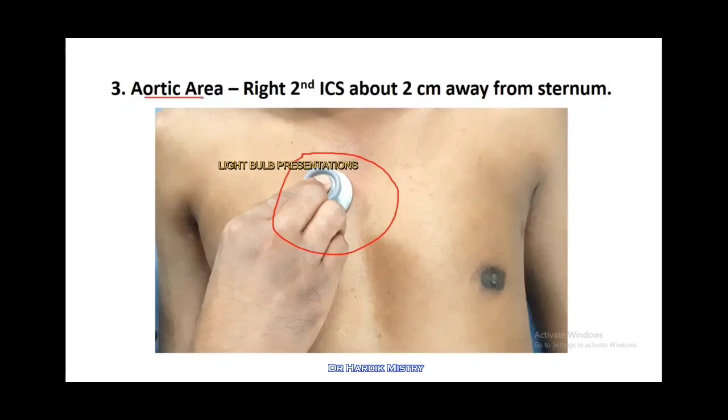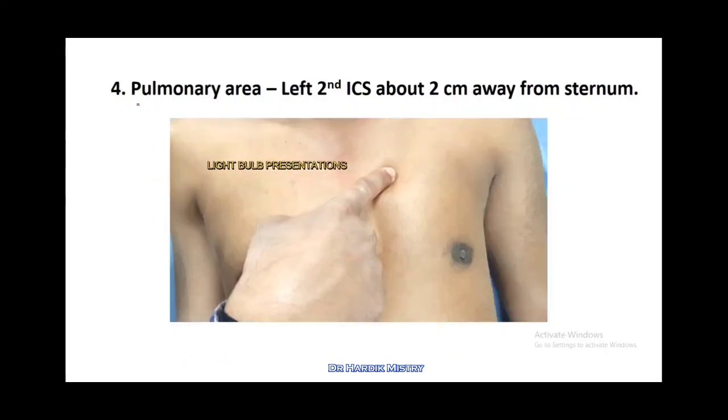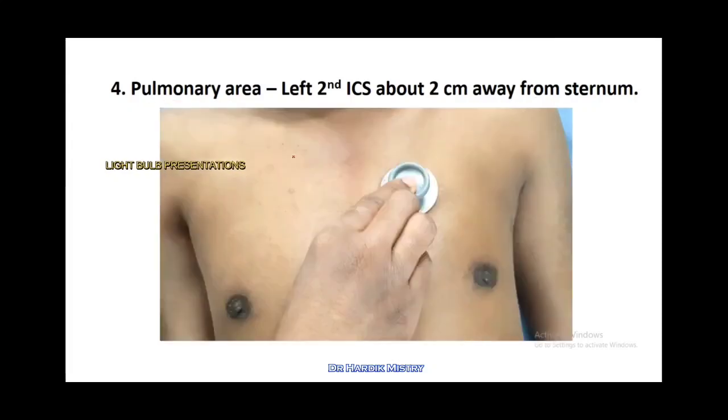The pulmonary area is also on the second intercostal space, again 2 centimeter away from the sternum, but on the left side. So the difference between aortic and pulmonary is one is on the right and the other is on the left. Right side aortic, left side pulmonary. Here we can hear the second heart sound very prominently.